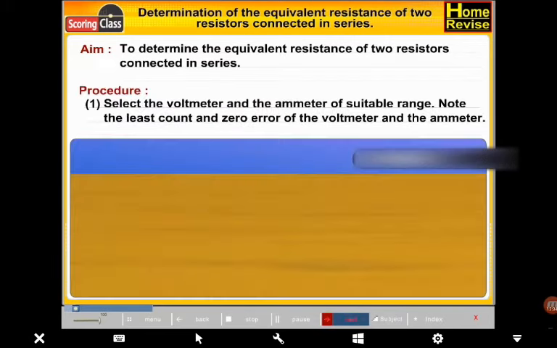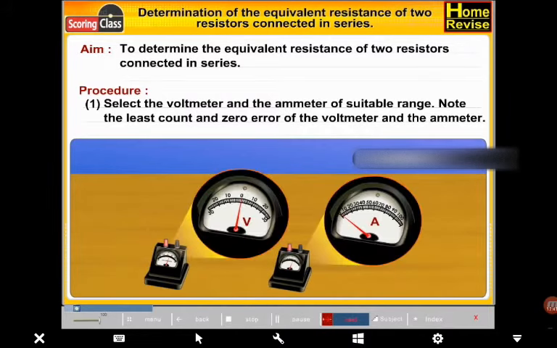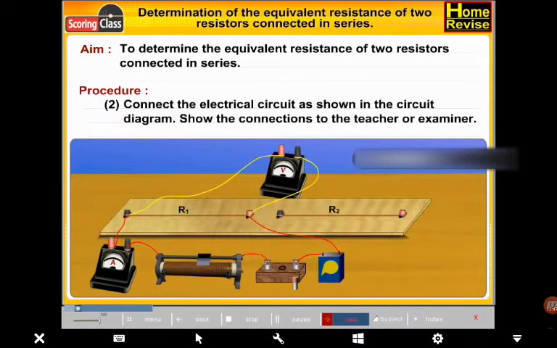Procedure. Select the voltmeter and the ammeter of suitable range. Note the least count and zero error of the voltmeter and the ammeter. Connect the electrical circuit as shown in the circuit diagram. Show the connections to the teacher or examiner.